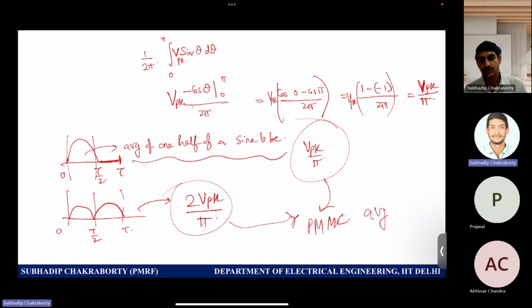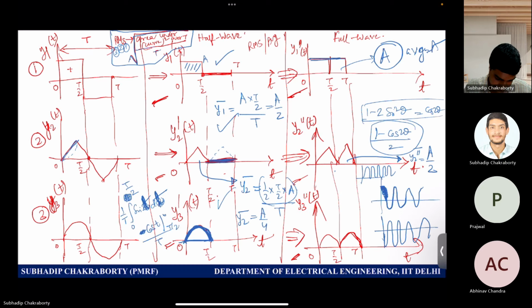Yes, sir. So for half wave it is V peak by pi, and for full wave it is 2 times V peak by pi. Now let's find the RMS for the same signals. Can you help me with the RMS? What is RMS for square? For the half?